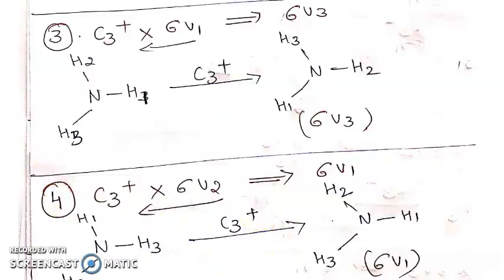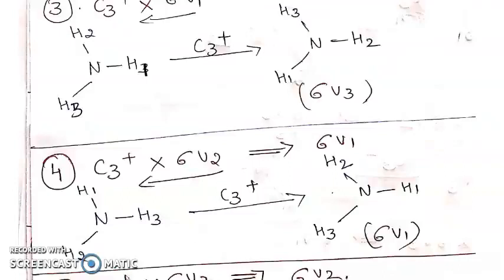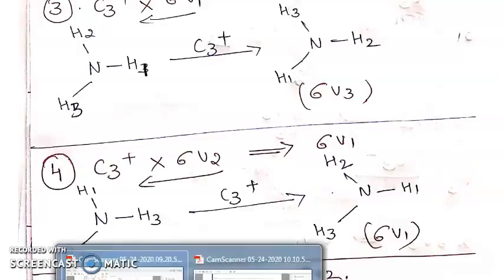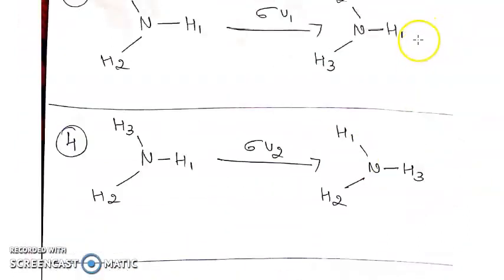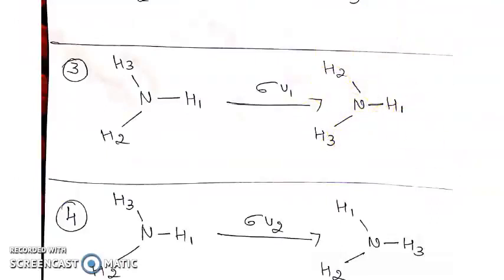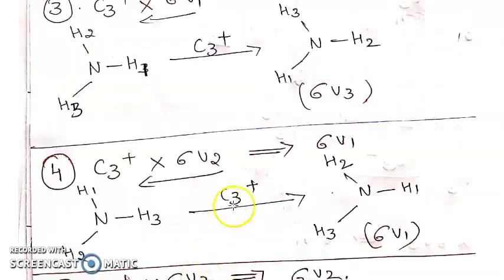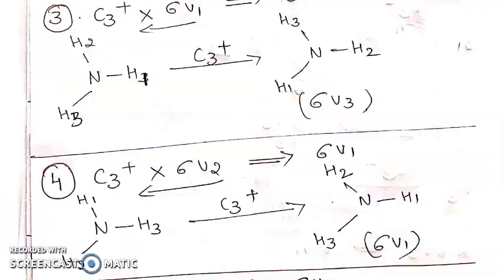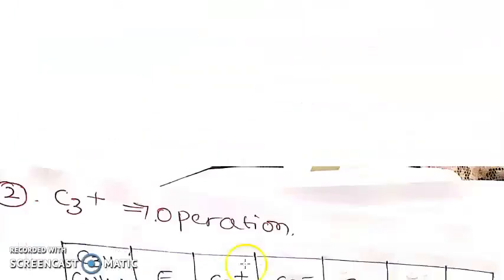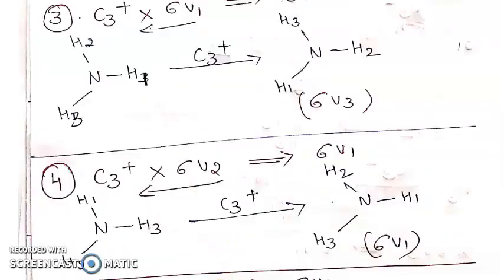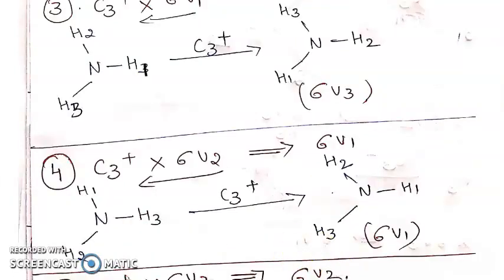Then you will get this molecule, which means sigma V1. Then the last one is C3 plus into sigma V3, which is nothing but sigma V2.